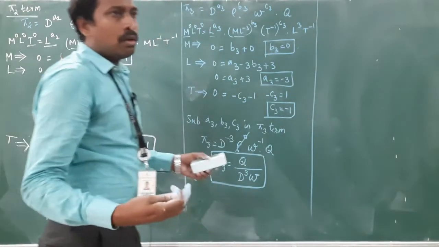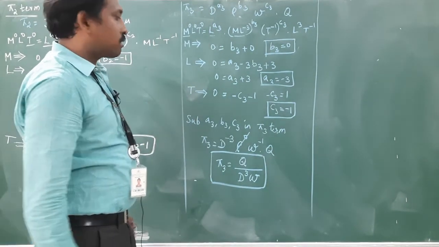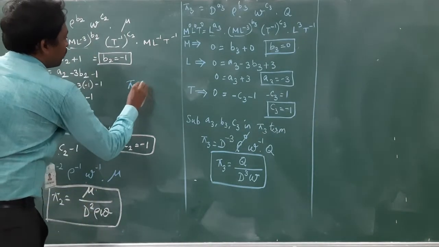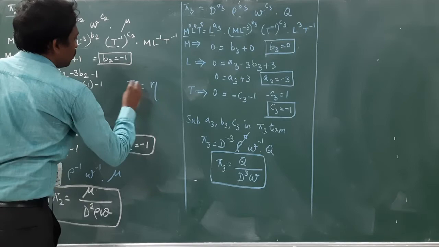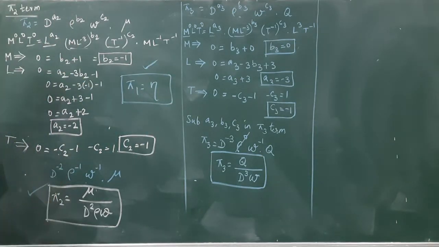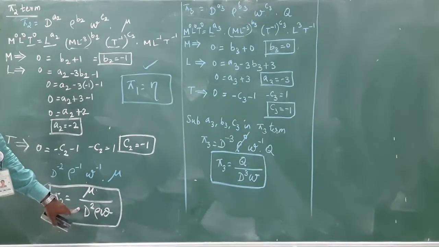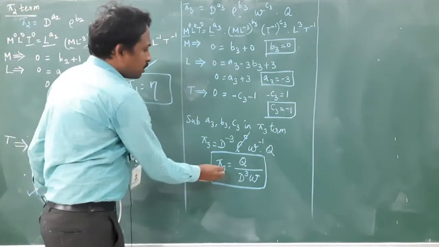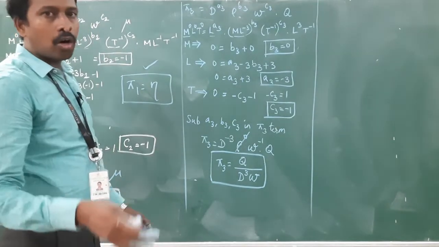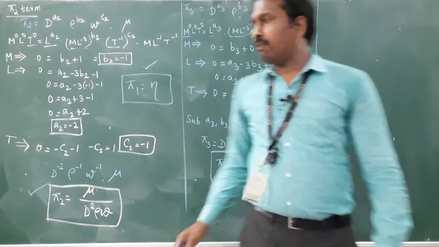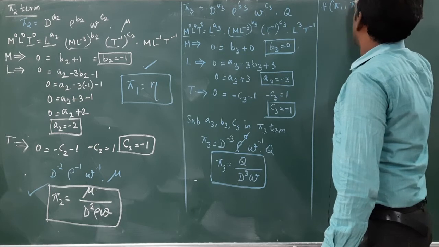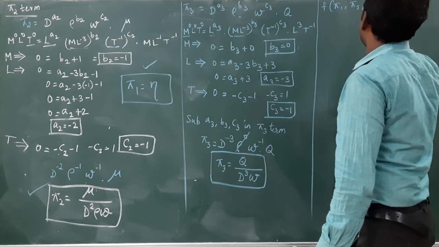Then combining all the 3 pi term values: pi 1 we already found, pi 1 is neta, pi 2 is mu divided by d square omega rho, and pi 3 term is q divided by d cube omega. Substituting all the values in the second equation, f of pi 1, pi 2 and pi 3 is equal to 0.